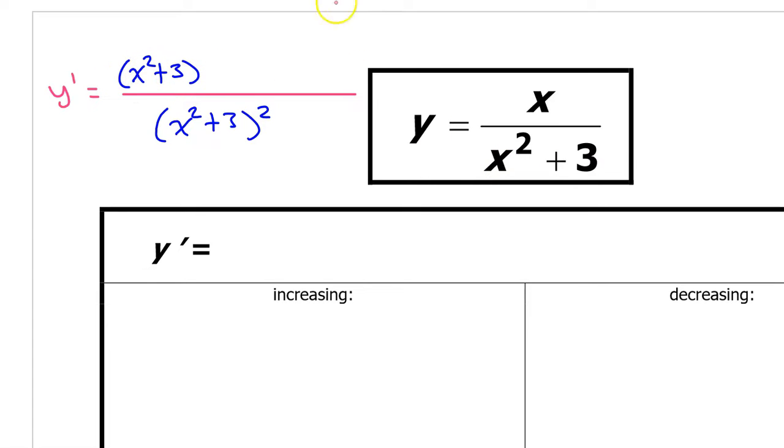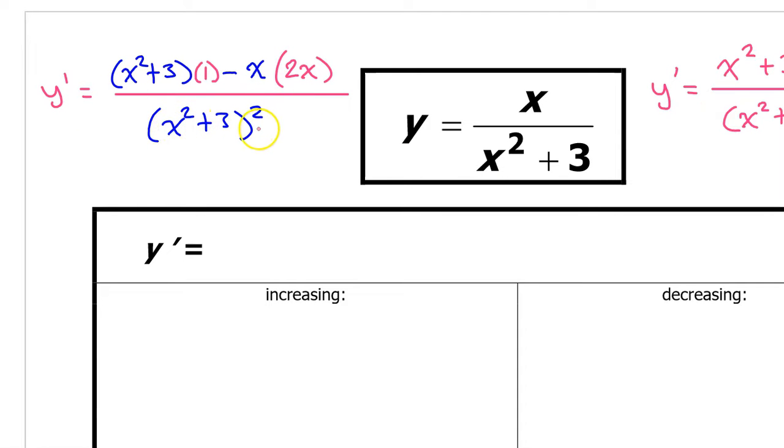And then d high is the derivative of the numerator, which is just 1. Less means subtraction, and then it's high d low. High is x, and d low is the derivative of the denominator, which is 2x. So this is y prime.